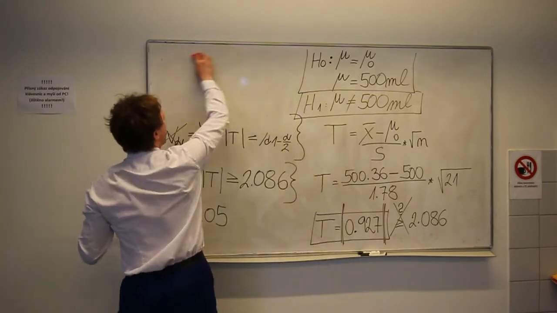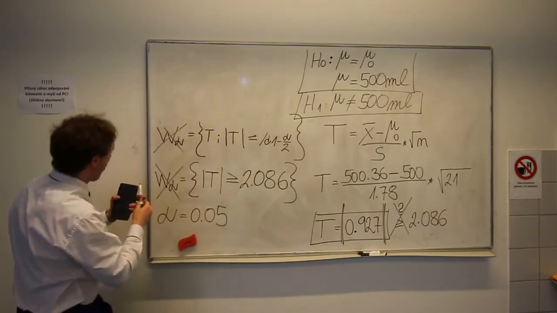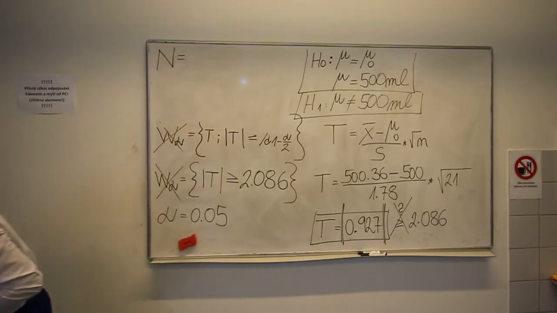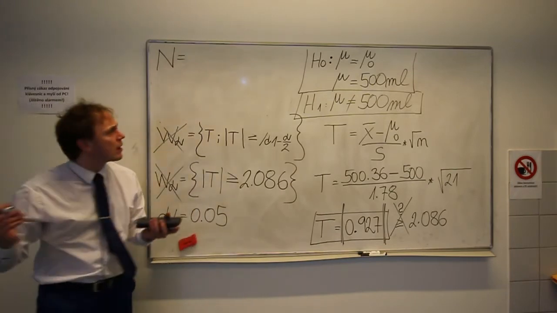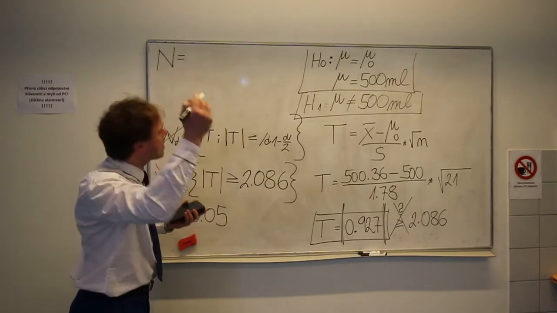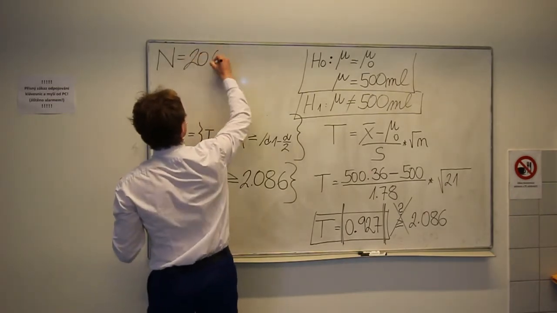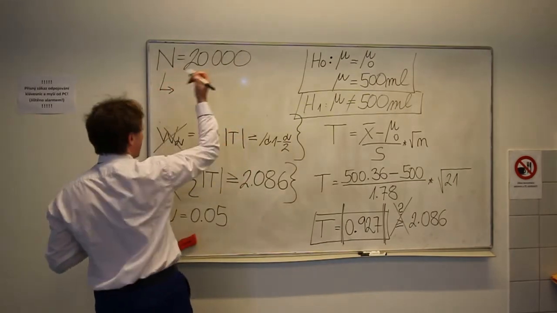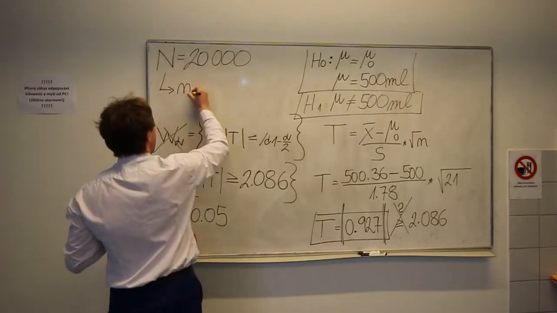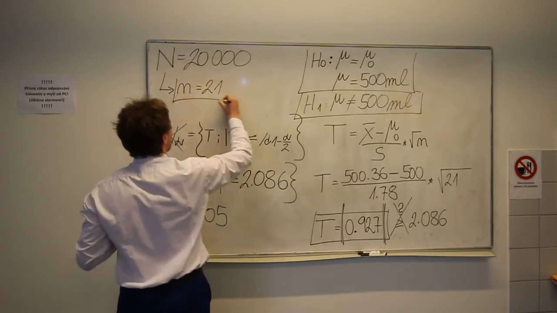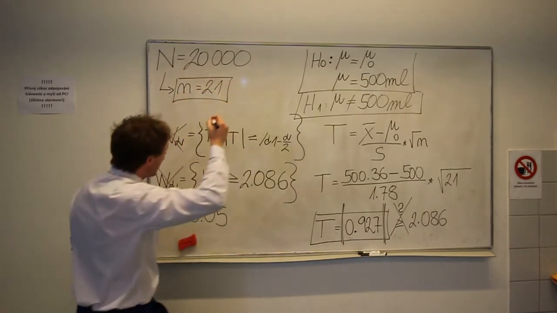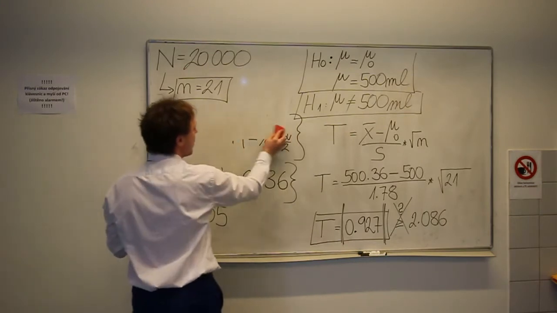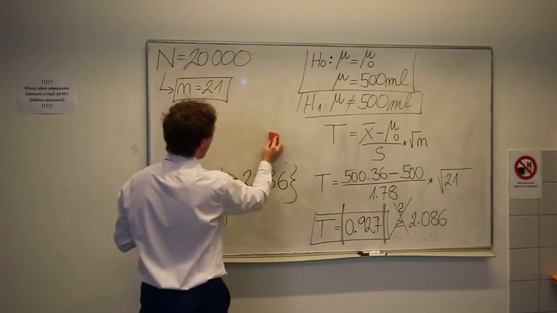If you remember, at the beginning I wrote here n as the population. I don't know how many, it's not written in the example. You made, for example, 20,000 bottles. You selected in the warehouse n equal to 21 as this sample size. And now there is written information that we know the variance in the population.